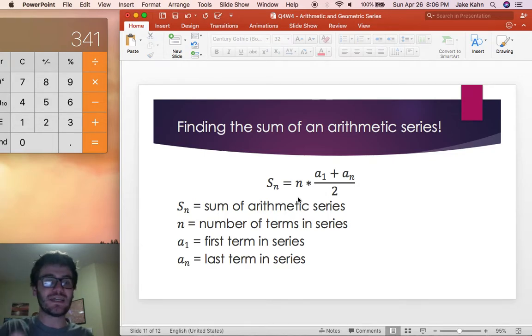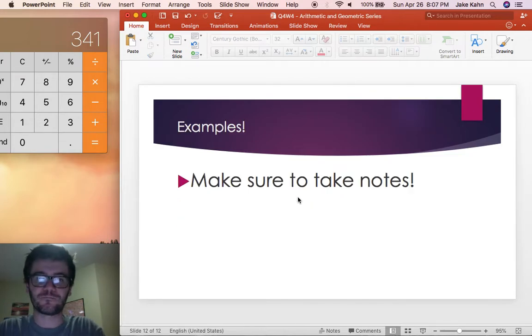What you actually need in this formula is a sub n, which is the last term in your series. You're going to essentially take the average of the first and the last term in the series: once you add them, divided by 2, that's the average of them, and then you multiply by n. That's going to give you the sum of the series.